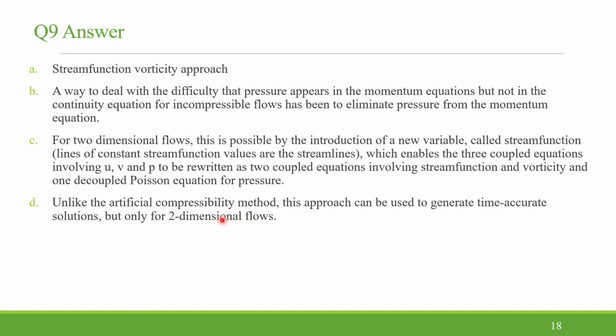So the artificial compressibility approach was used to generate steady state solutions, whereas this method can be used to generate time accurate solutions, but one limitation is that it can be used for two dimensions only.